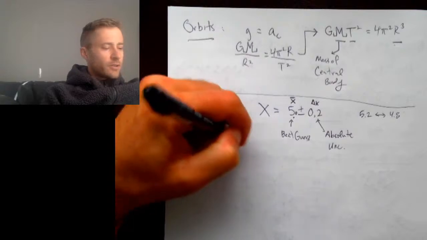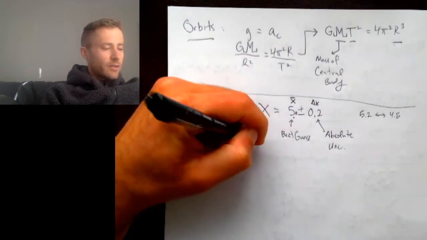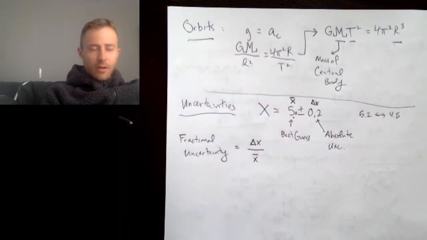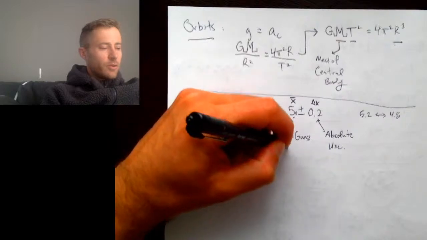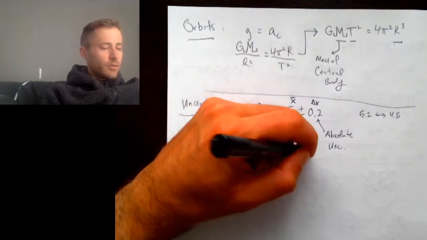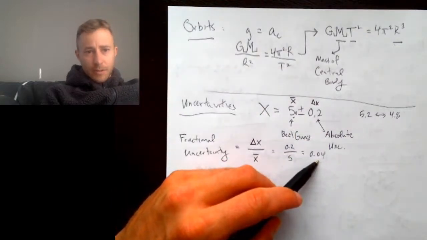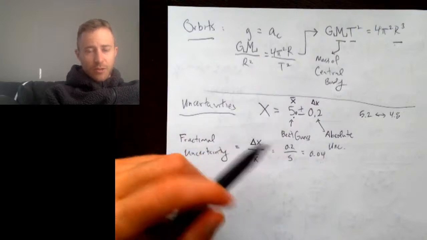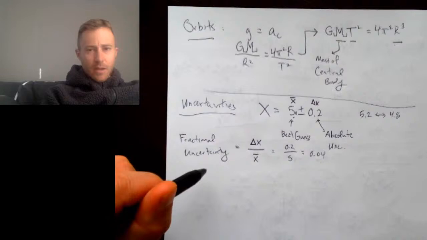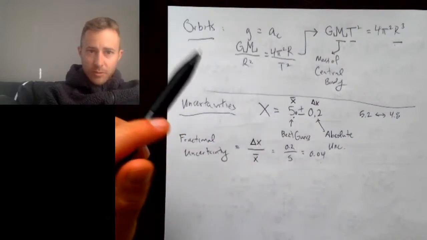So the fractional uncertainty is defined as delta x over the best guess. All right. So in this case, it would be 0.2 over 5, which is 0.04. So basically, that's 4% is my fractional uncertainty. So it's a measure of how the size of the uncertainty compares to the size of the value that's being measured. Okay.